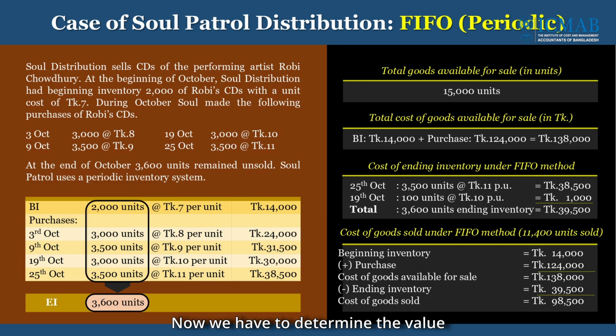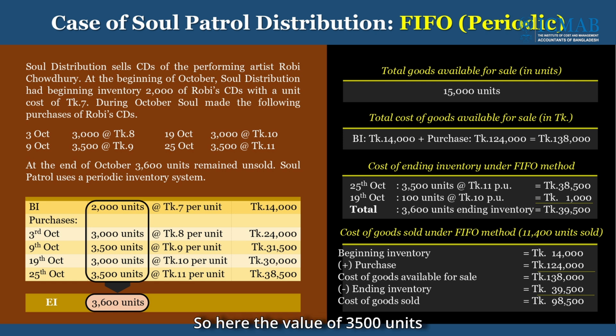Now we have to determine the value of ending inventory. As we have mentioned, there are 3600 units remaining unsold at the end of the accounting period. As we have followed the FIFO method, we can assume that these 3600 units come from the goods purchased on 25th October at Taka 11 each, and the remaining 100 units come from the goods purchased on October 19th.